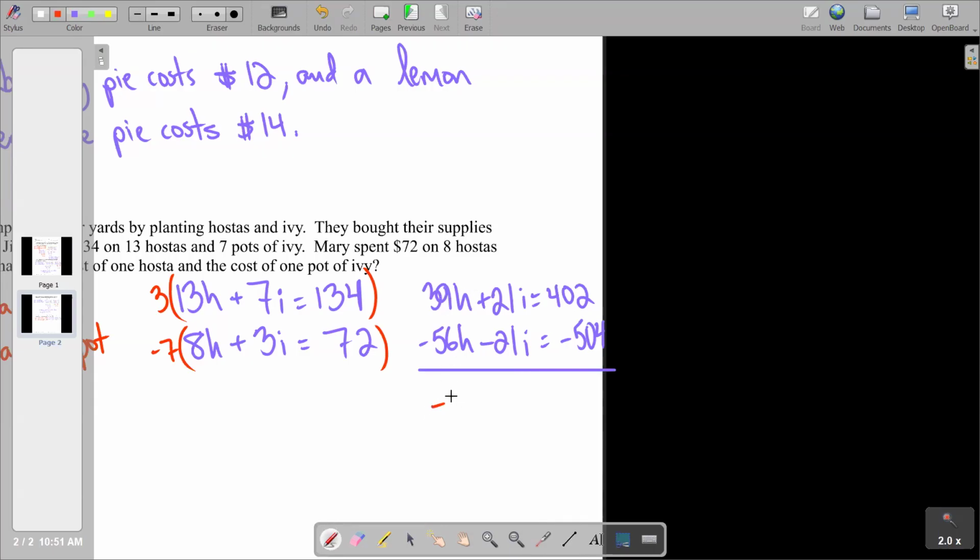Negative. How many i's do we get? None. And what's our number on the other side? Yeah. And then we divide both sides by negative. And a negative divided by a negative is a positive. To the rescue, h equals.